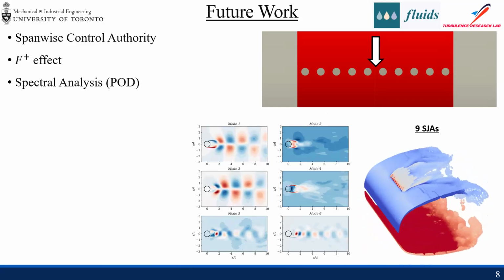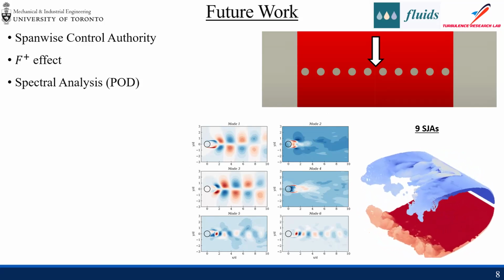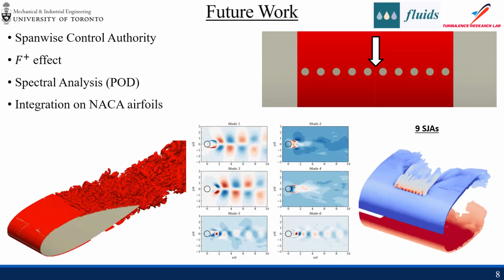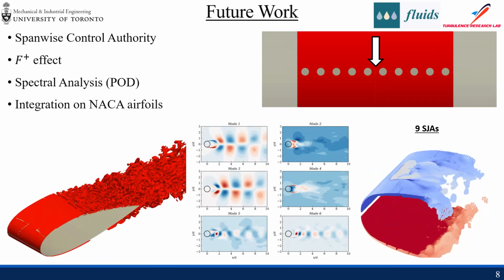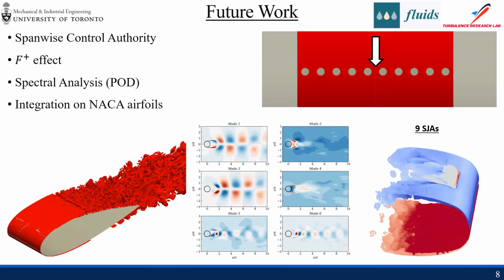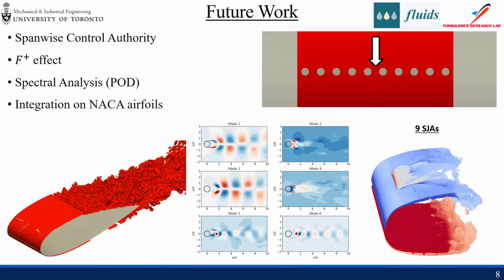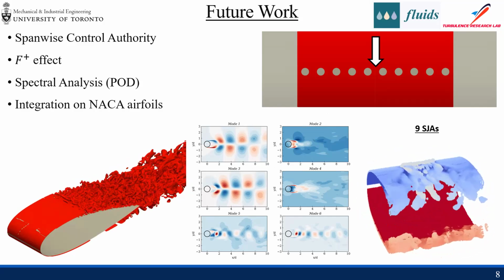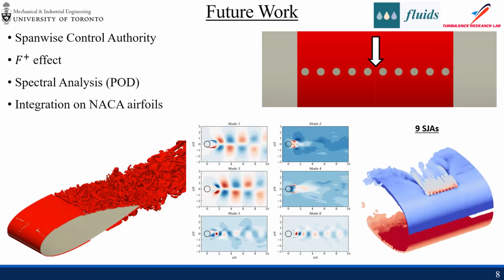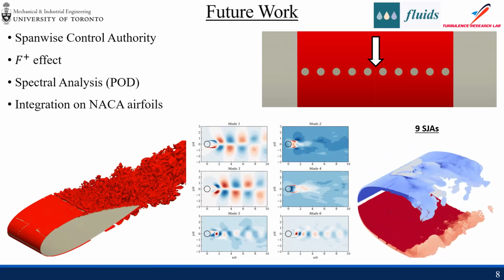Then some spectral analysis, especially with SPOD for the higher frequency case, would definitely help to see what's happening in the flow. And then finally, if I ever discover the fountain of youth, there will be signs, and one of them would be me trying to apply the SJA array onto a NACA airfoil and maybe even modeling the entire wind tunnel. But quite costly, so someday.